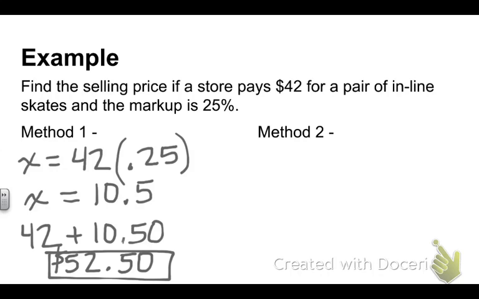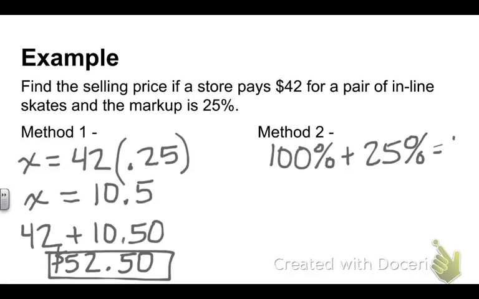Now, the second method is to take your 100%, which represents the $42, and add it to the markup percent, 25%, and that gives you 125%.